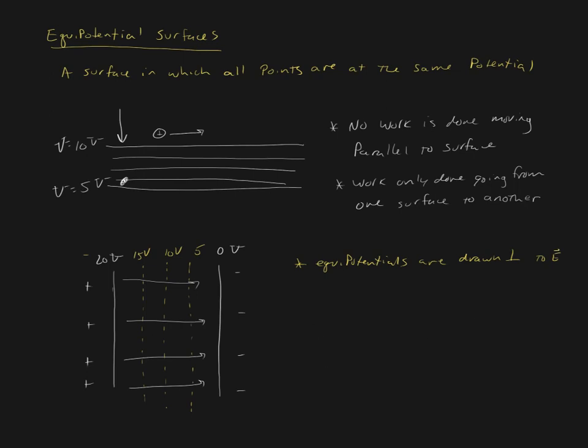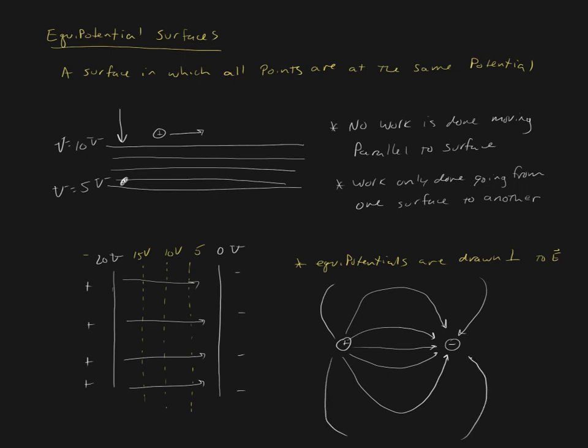And so if you draw yourself a dipole, so we've got a positive charge here and a negative charge here, the electric field looks something like this. And you are tasked with drawing the equipotential lines. There's no set number of these field lines I'm putting in.